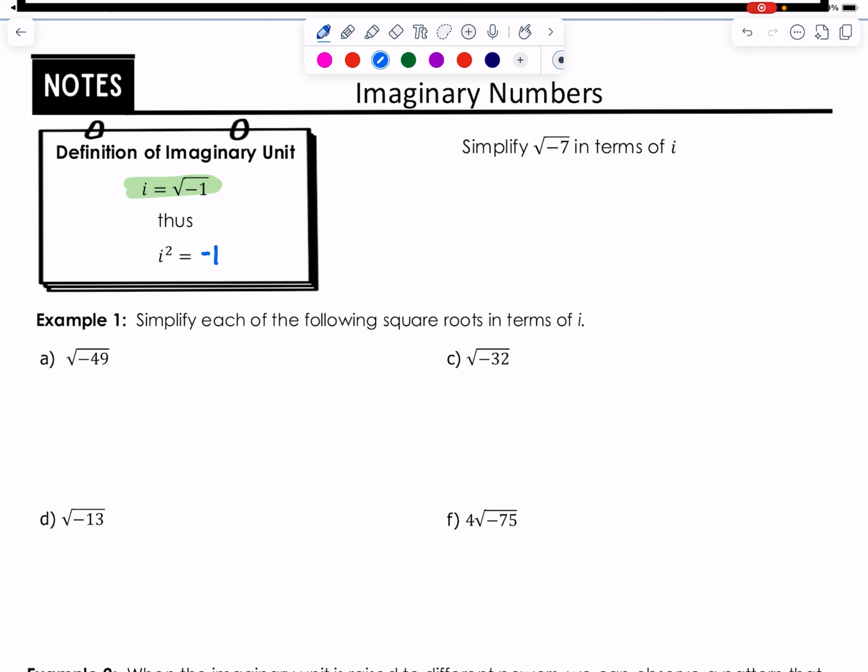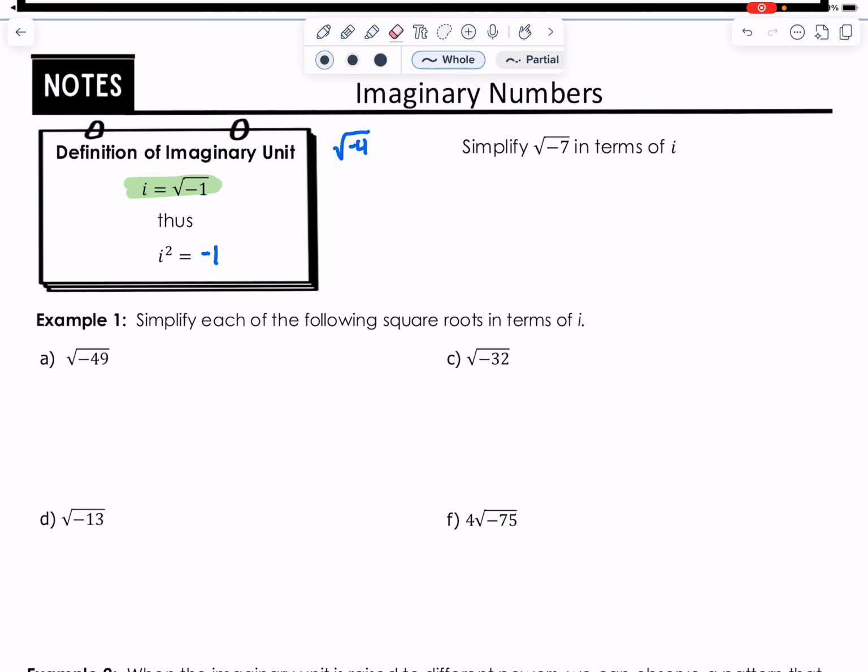So if you have the square root of a negative number, in previous courses you were probably told that something like this is impossible to evaluate. But once you add the imaginary number system, you are able to simplify square roots of negative numbers. And let me show you how we would do that.